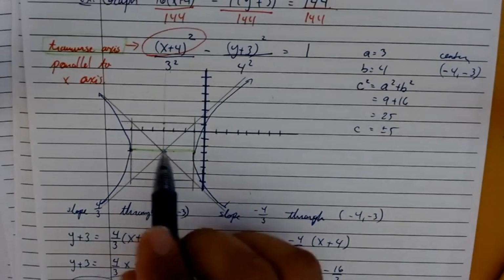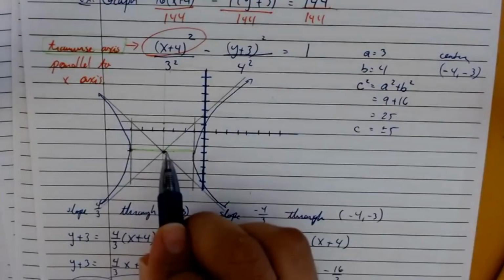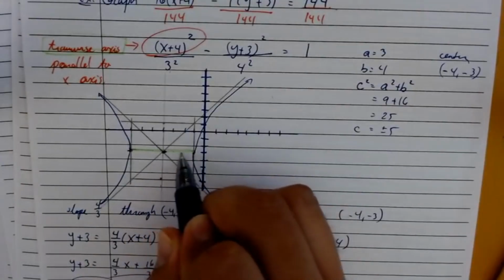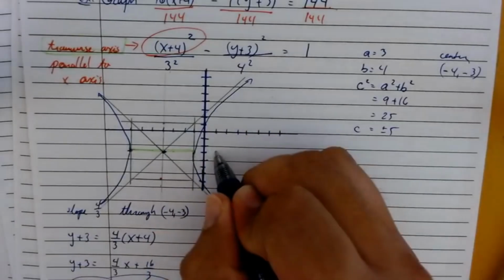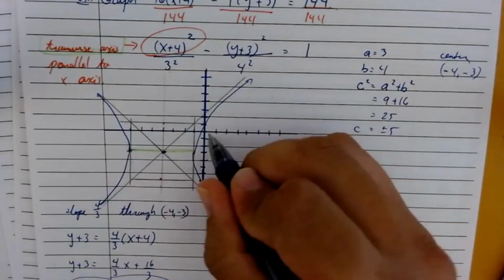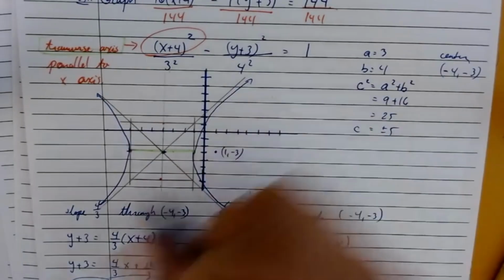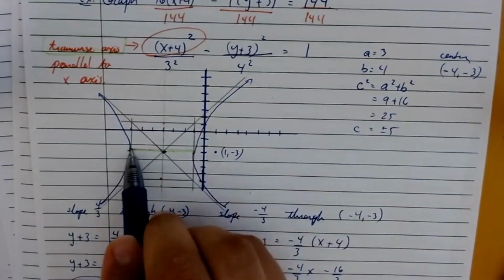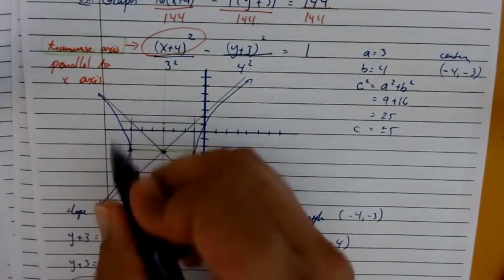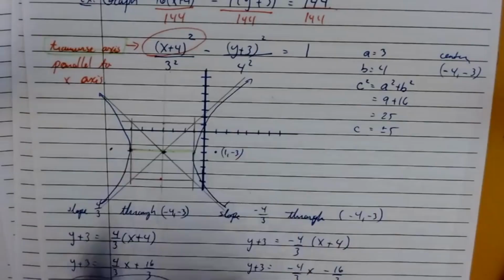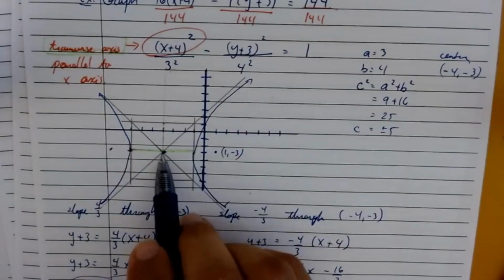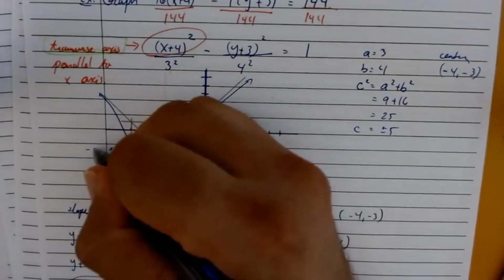So from here, we're going to take 5 steps in either direction, left or right. 1, 2, 3, 4, 5. Okay, well, that's going to be 1 comma negative 3. And then we're going to take 1, 2, 3, 4, 5 units this way, which was negative 9, negative 3.